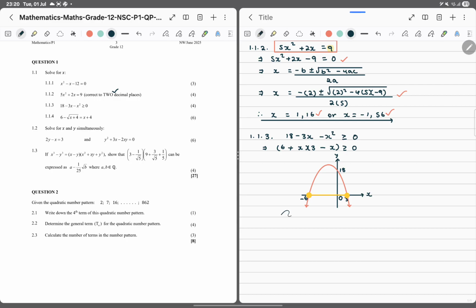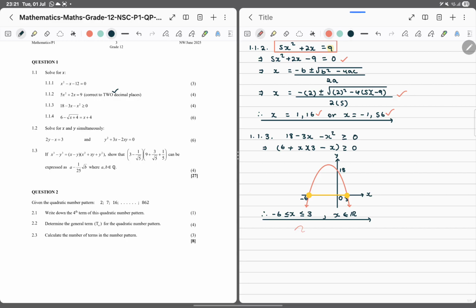So how do we write our solution? Therefore, x must be less than or equal to 3, greater than or equal to minus 6. We can add here x is an element of all real numbers, just to make it a habit that we take care to not forget the domain.